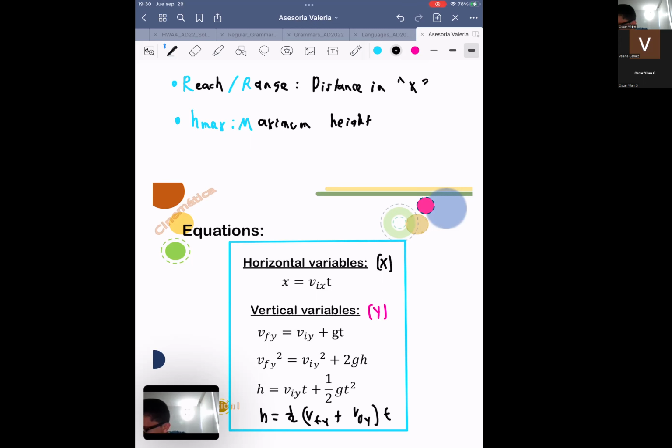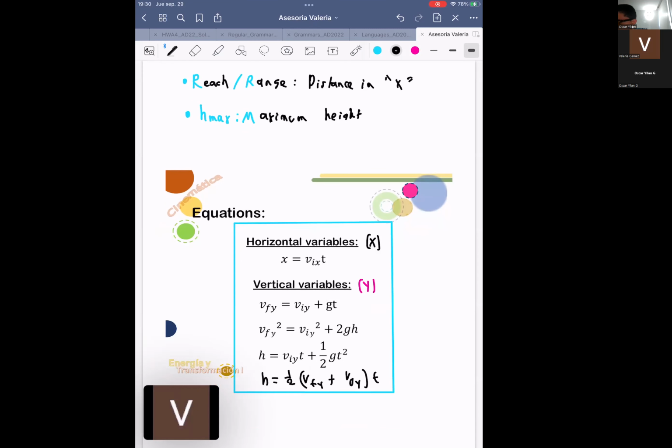The maximum height is the maximum possible Y distance, like the maximum that our parabola can take. Basically, the top of the parabola, that is our vertex, right?